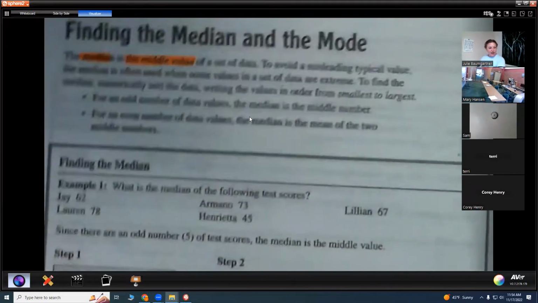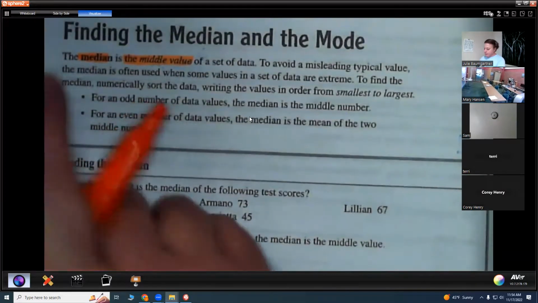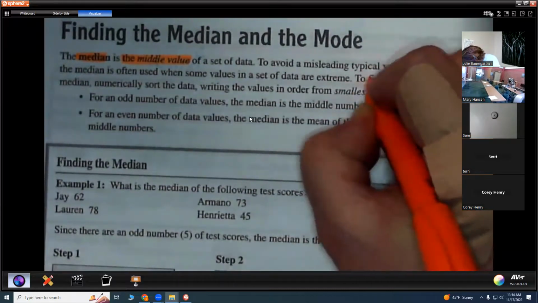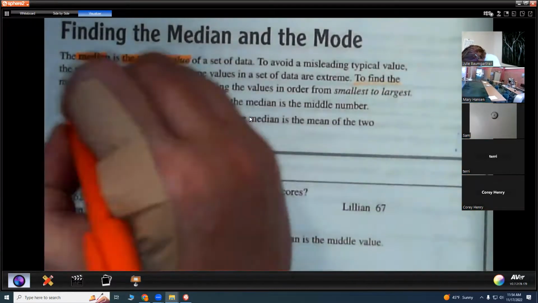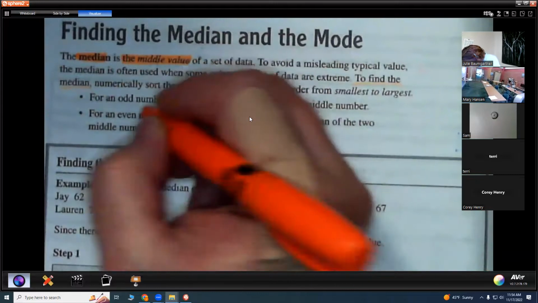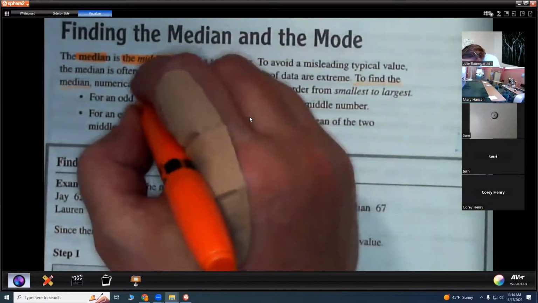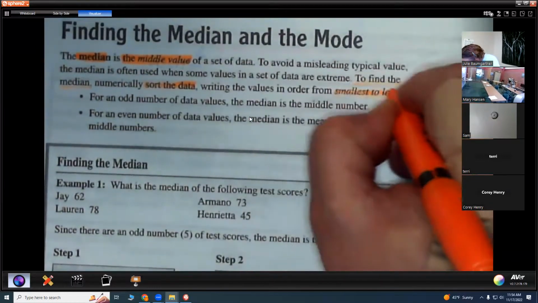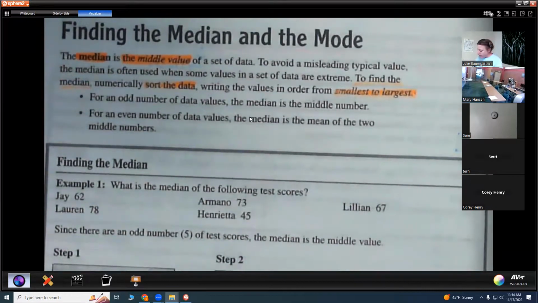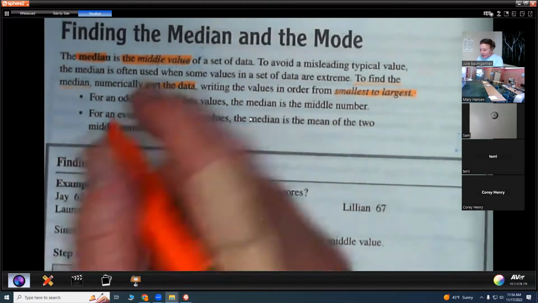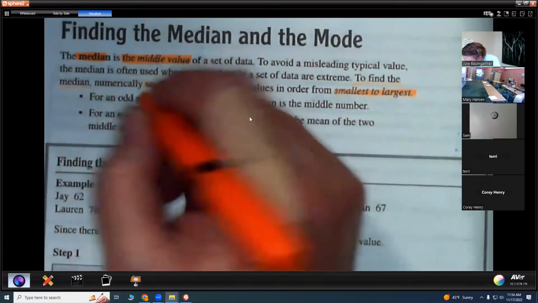So then, to find the median, we sort the data from smallest to largest, okay?